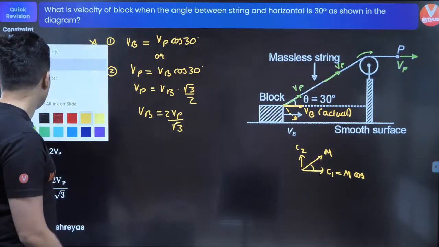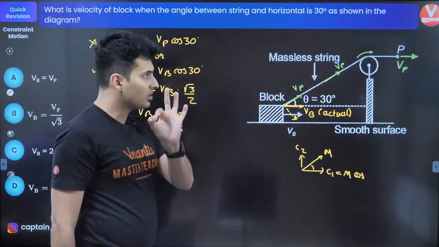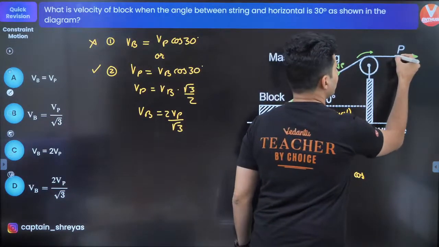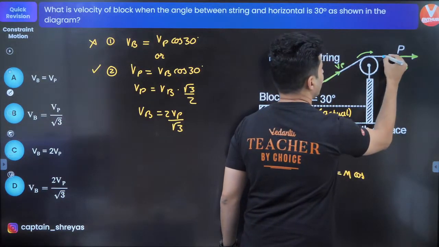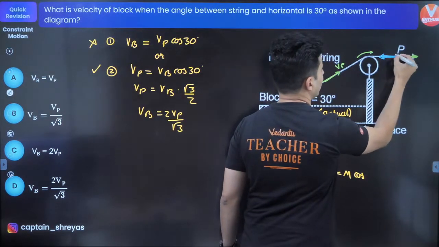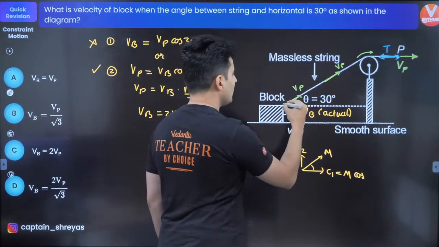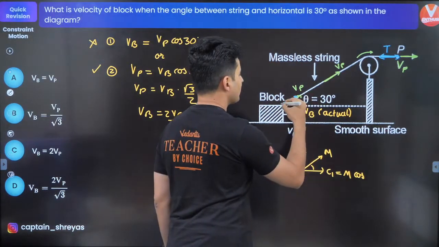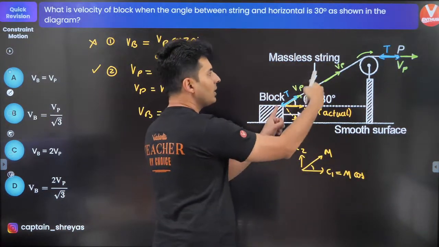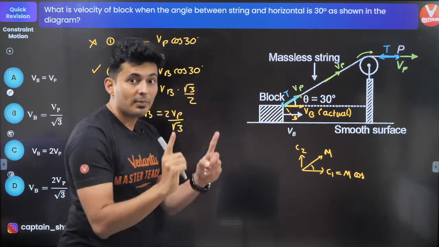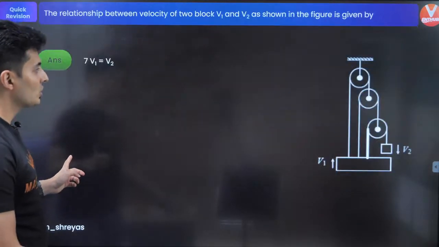Another way of doing it is via tension. Observe this carefully. If this point has a tension of T, even this point has a tension of T only, because it is the same string. But what matters, I'll just go back and show this to you.